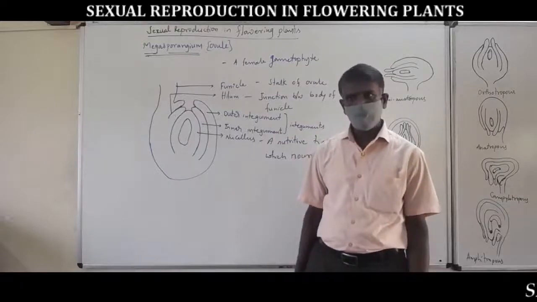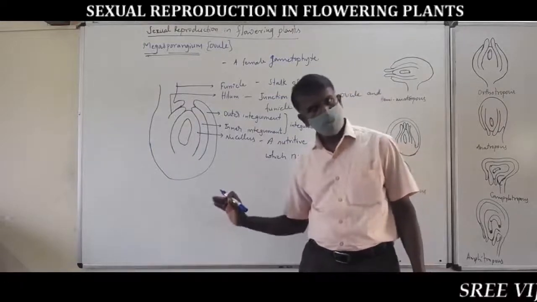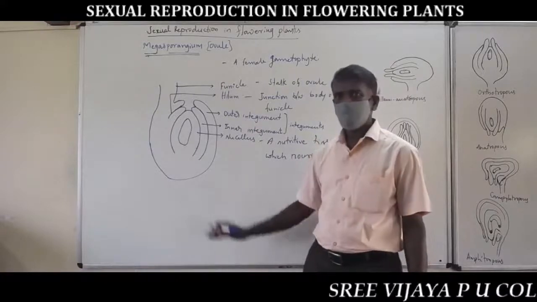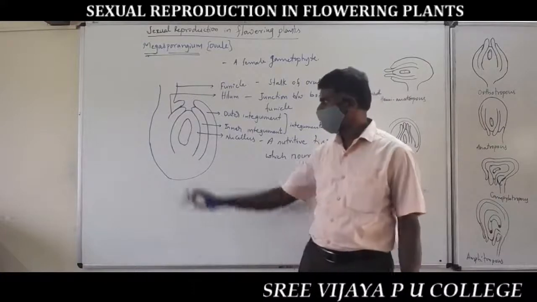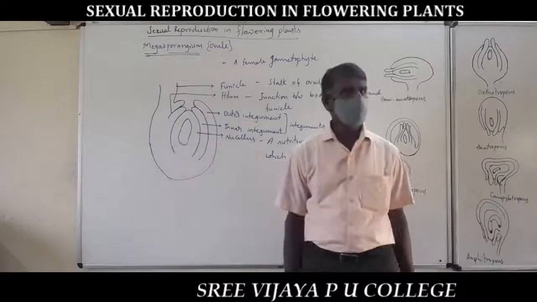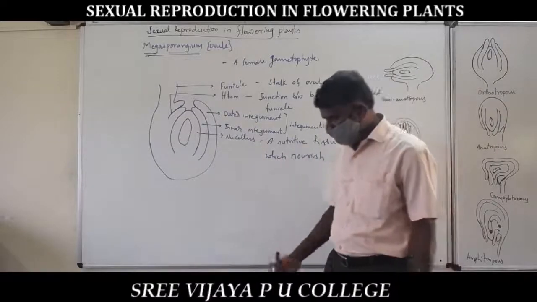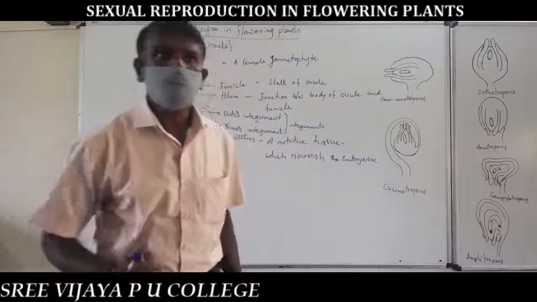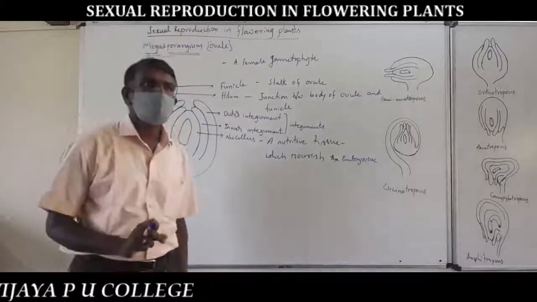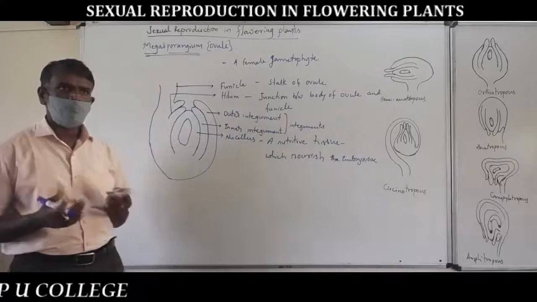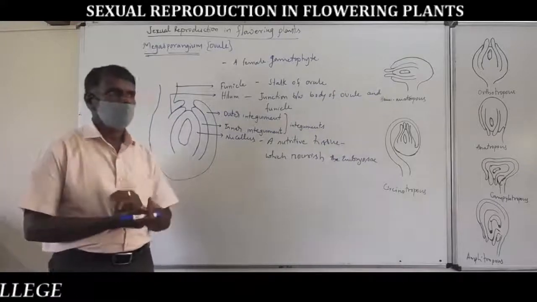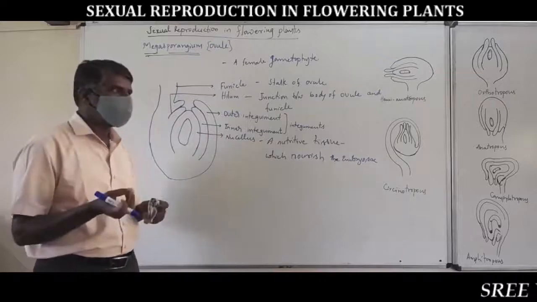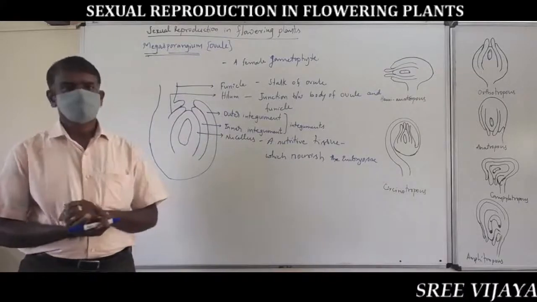In the development of the ovule into a seed, food nutrients are required, hence the presence of the nucellus. After this nourishment, with complete development of the seed, the nucellus is either completely consumed or a certain amount of it may remain.